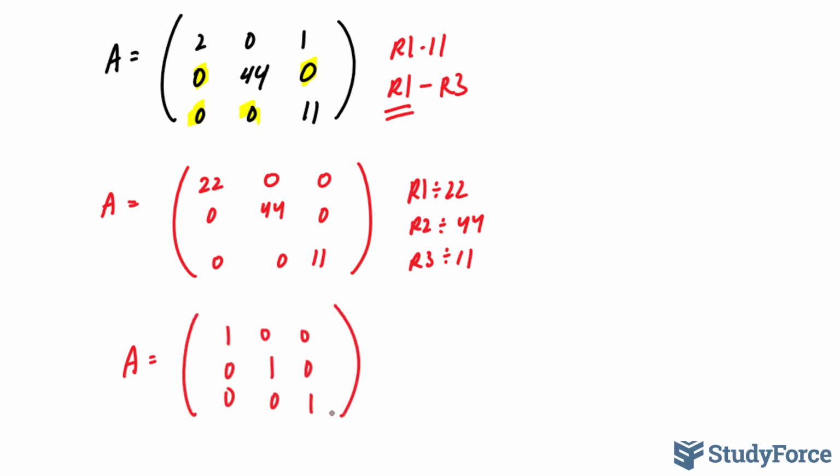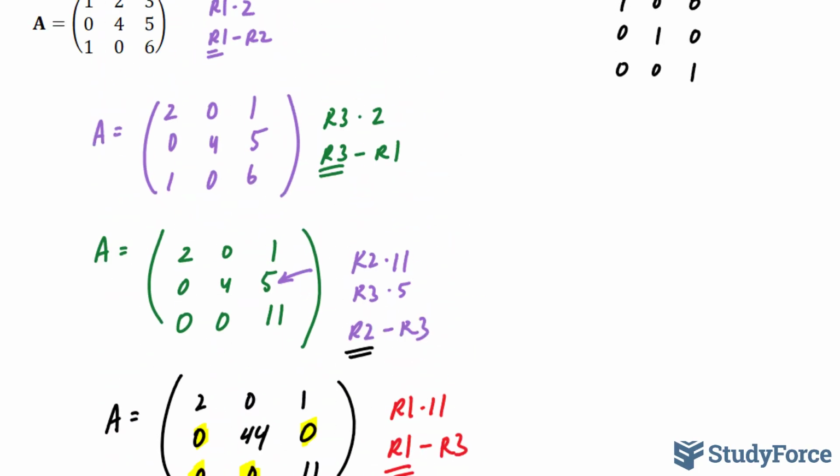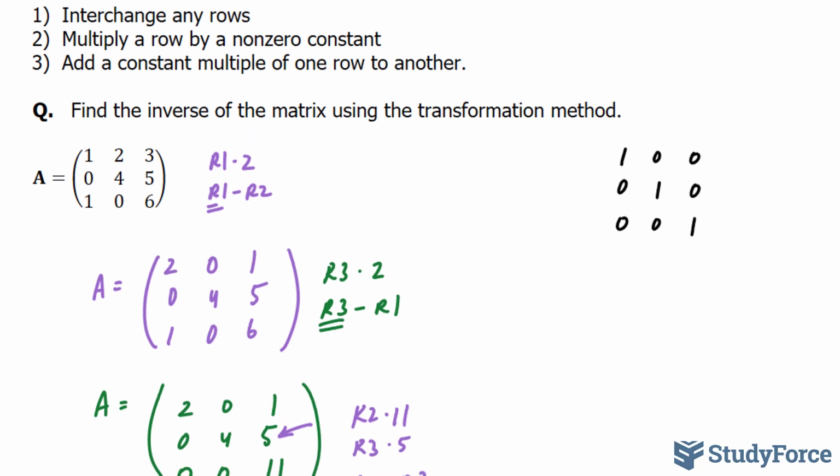Now, to get the inverse, we have to perform all of these steps to the identity matrix. Let's start with the first thing we did. We multiplied row 1 with 2 and then subtracted row 2 from row 1. This means that these two remain the way they are, and the first row becomes 2, negative 1, and 0.